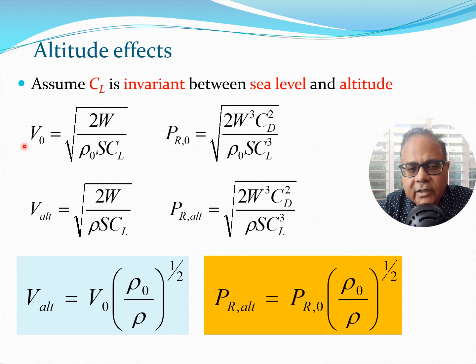If I divide, V_alt by V0, I get V_alt equals V0 times rho 0 by rho to the power of half. When I divide these two, rho 0 and rho get flipped because they are in the denominator. Similarly, for the power required at altitude, I get an equation in terms of power required at sea level, times rho 0 by rho again to the power half.